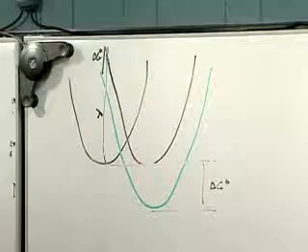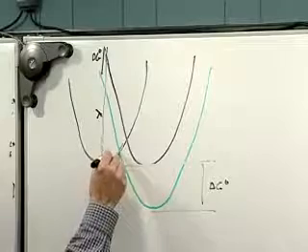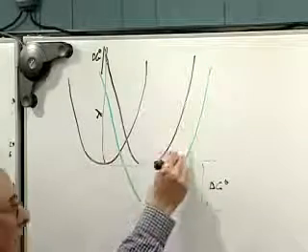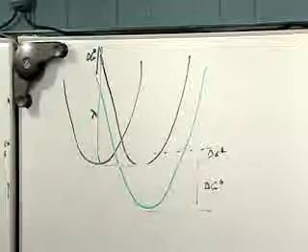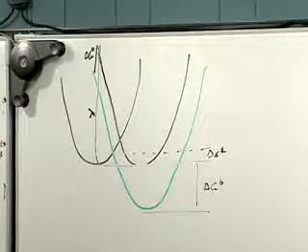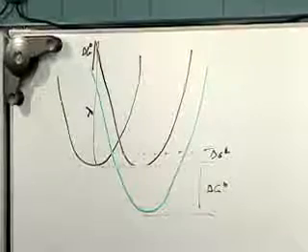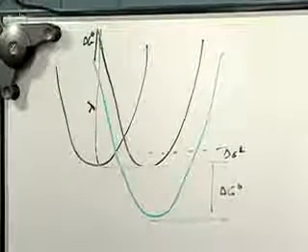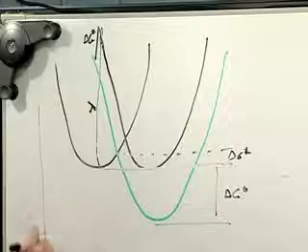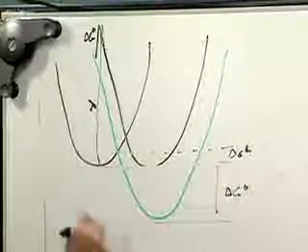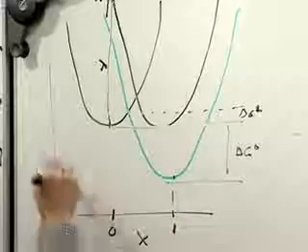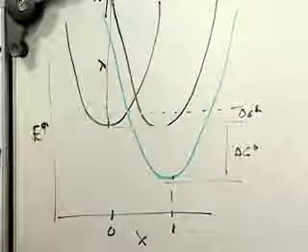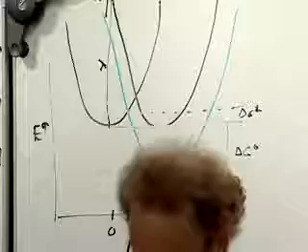And now what we want to know is delta G star, right? Since everything's parabolic, we're assuming the same force constants, we can work that all out. We again say this is x, this will be 0, this will be 1, this will be energy, right?